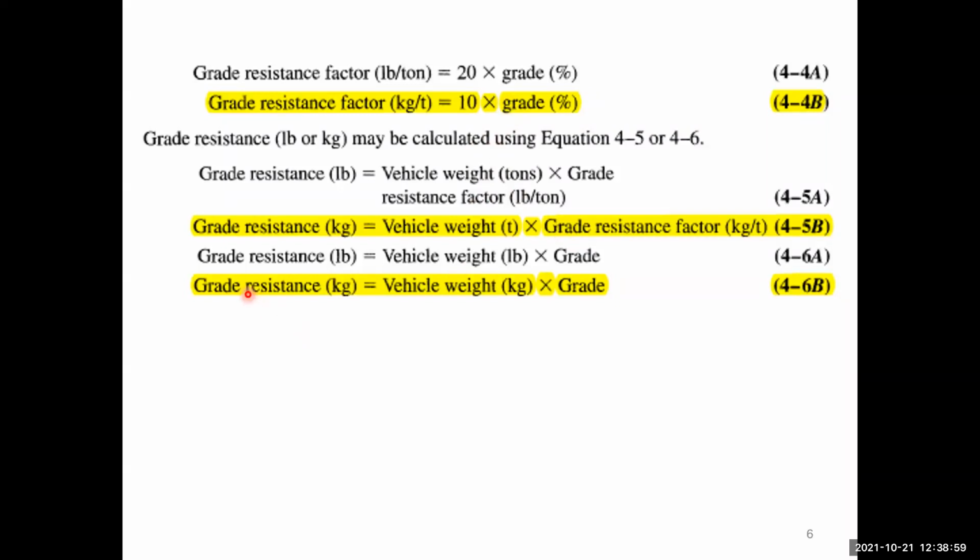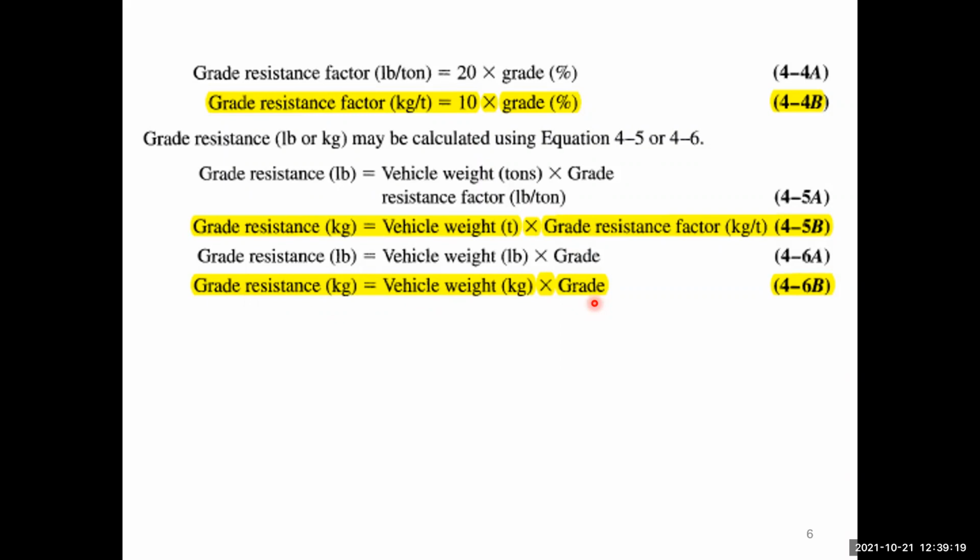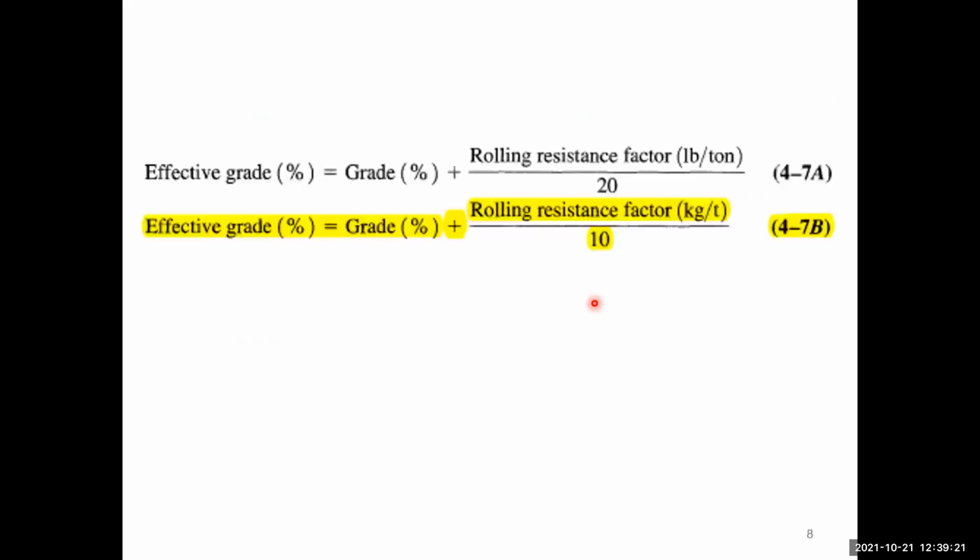And the grade resistance in kilograms will be equal to the vehicle weight multiplied by the grade as well. So one of these formulas may be used for calculation purposes. Okay, so these are the grade resistance formulas.